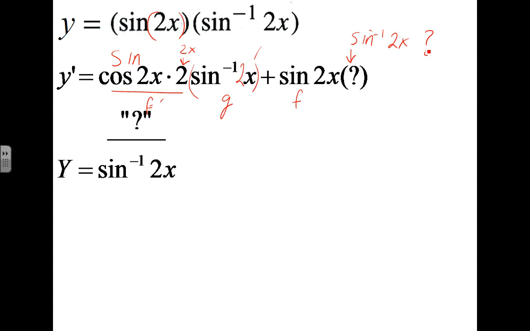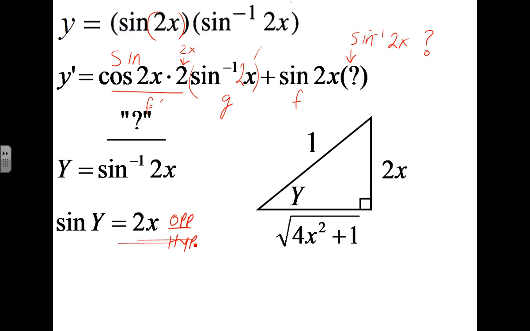So, step number 1, rewrite. Step number 2, the picture. And this would be the opposite side over the hypotenuse. So there's the opposite side, and there's the hypotenuse, and again, this is from the Pythagorean theorem. 2x all squared plus b squared equals 1.